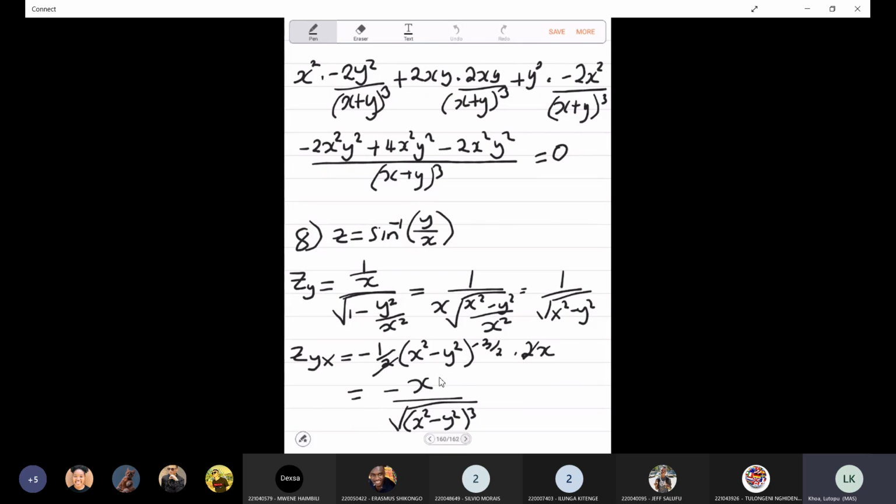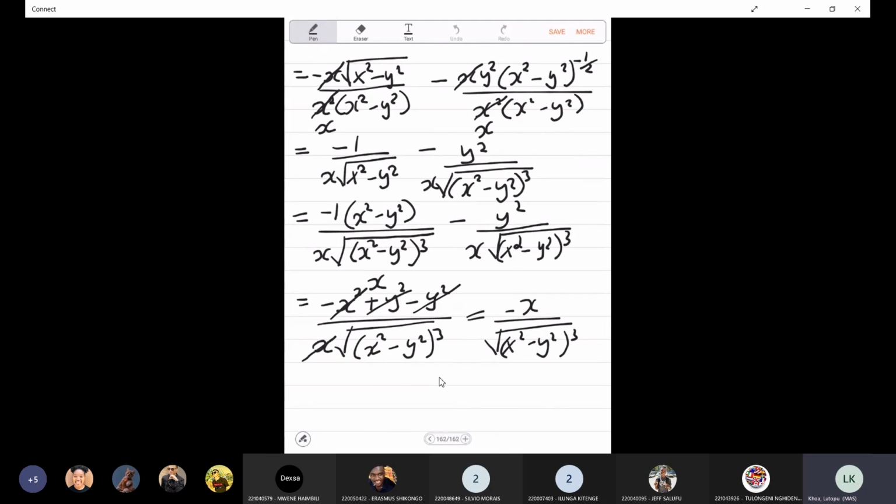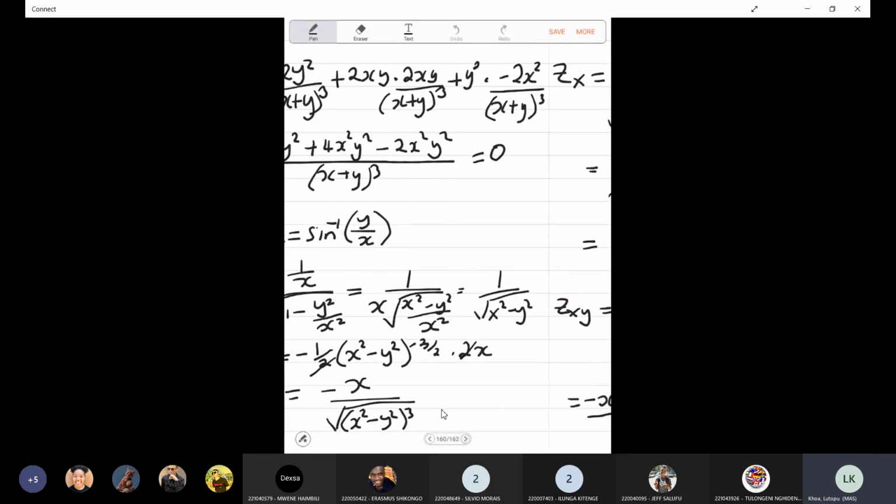Okay, so this, I guess, illustrates the importance of choosing the right order of differentiation. When I differentiated with respect to y and then with x, you can see I can do it in just 3 steps, not very complicated to find the mixed derivative.